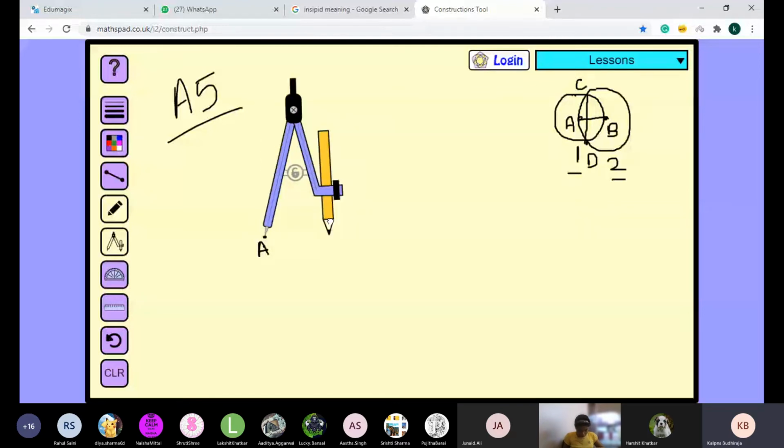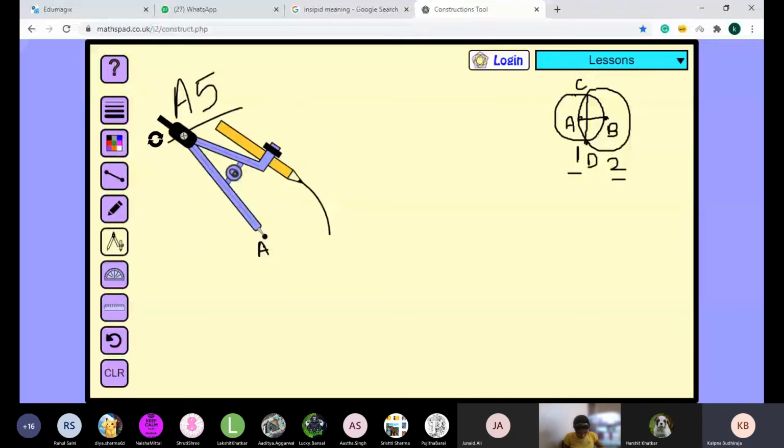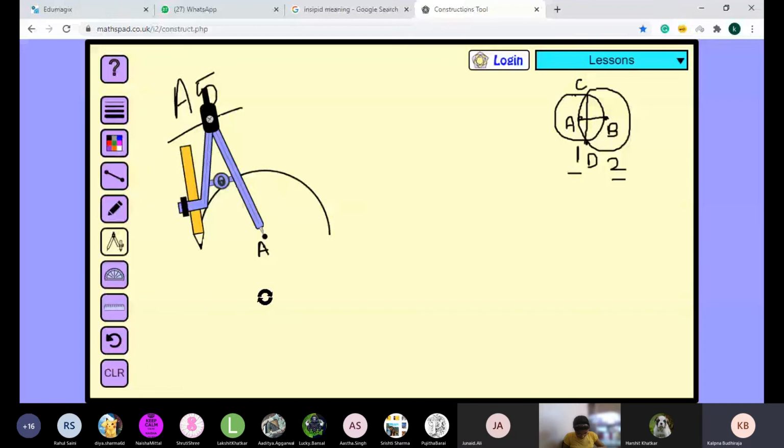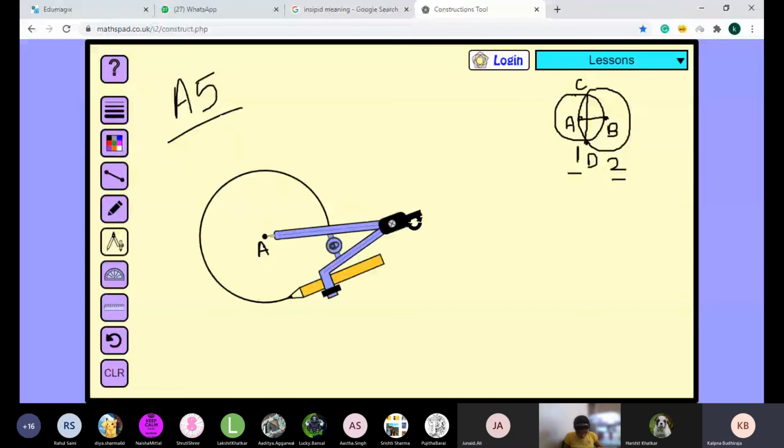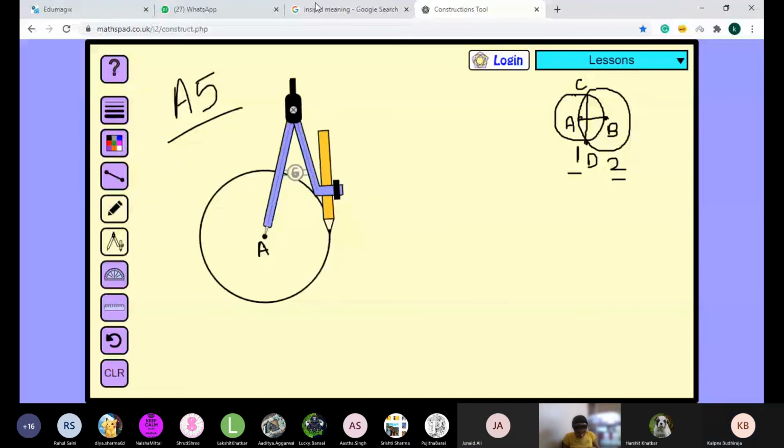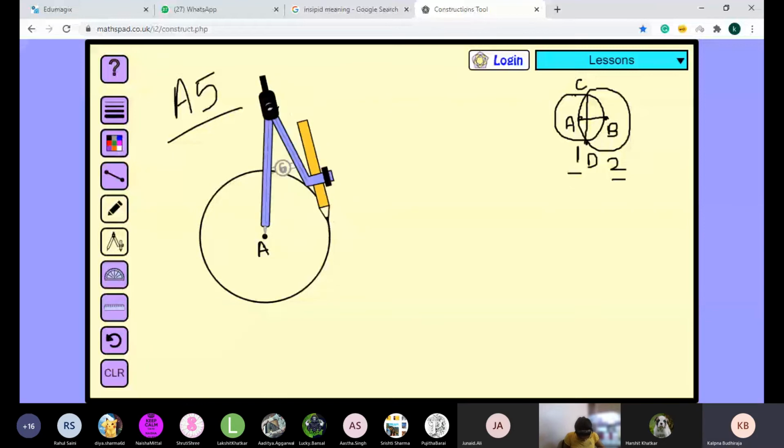Say I have taken 3 centimeters. I have opened the compass to 3 centimeters. Now I am making a circle with 3 centimeters. Any doubt in this step? Understood how to draw the circle? Yes, class.